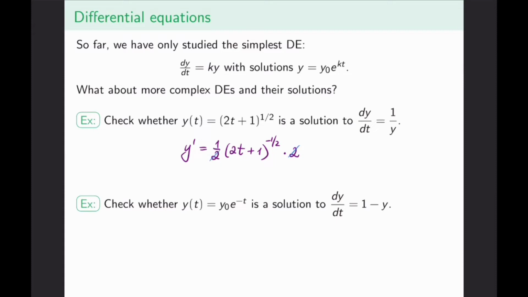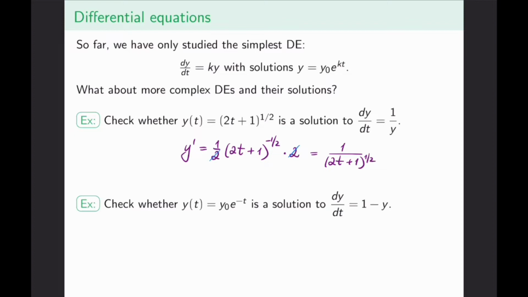And I can even make it a little easier on the eyes if we bring the negative power down to the denominator. So this is the same as 1 over (2t plus 1) to the power 1/2.